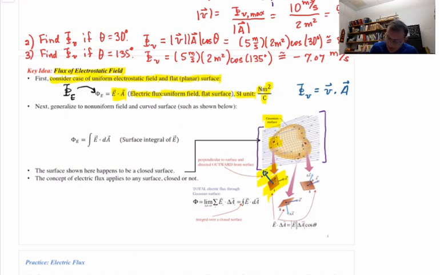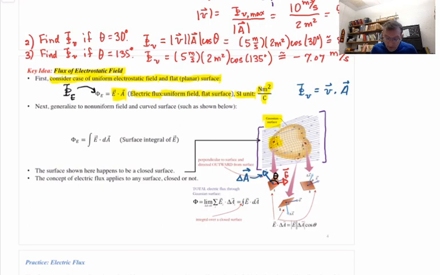So that's the direction of the delta A arrow for that little patch. Now the electric field vector right there happens to be piercing that patch pointing inward, like that. And so the angle between the delta A and the E, the theta, is greater than 90.